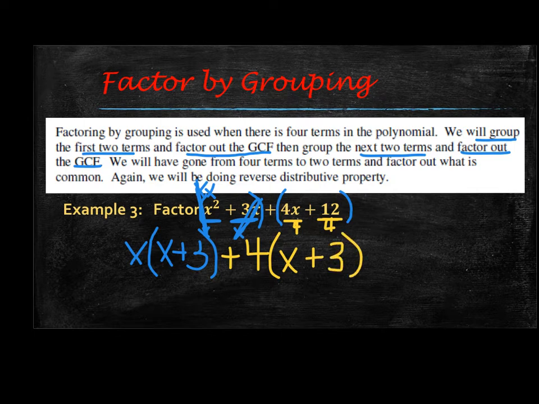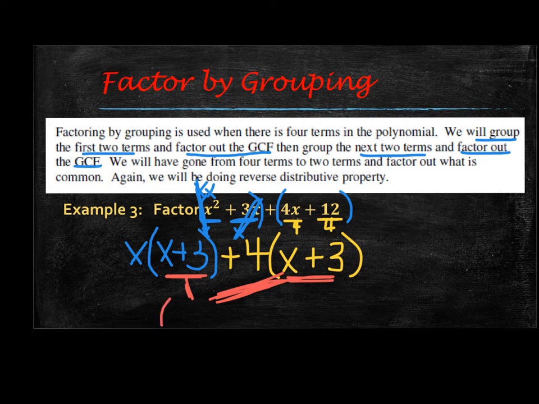Now, it is no coincidence that these parentheses match. They should match, because now we're going to take this whole term, x times x plus 3, and this whole term, 4 times x plus 3, and what do they have in common? Well, they have this x plus 3 in common. And they should. That is what we hope will happen.